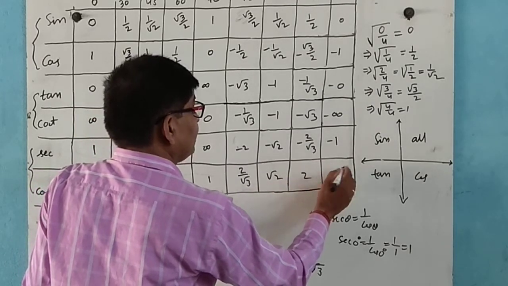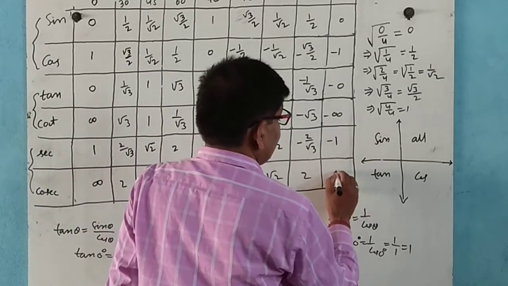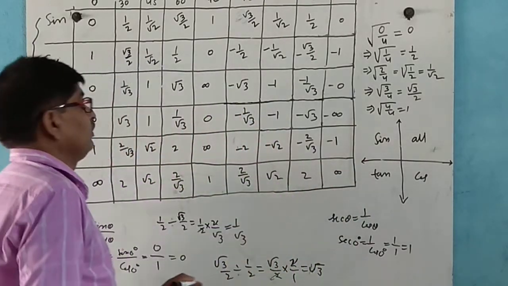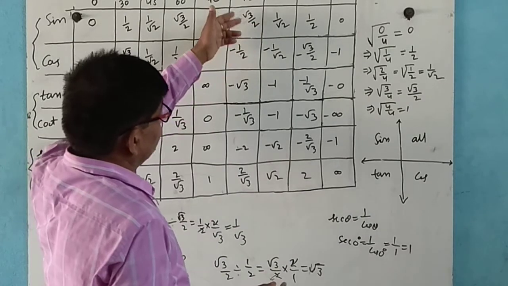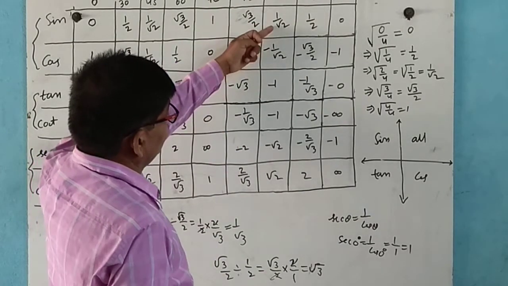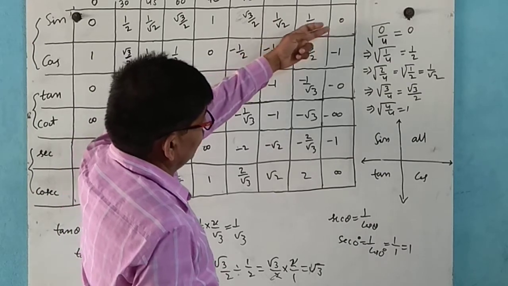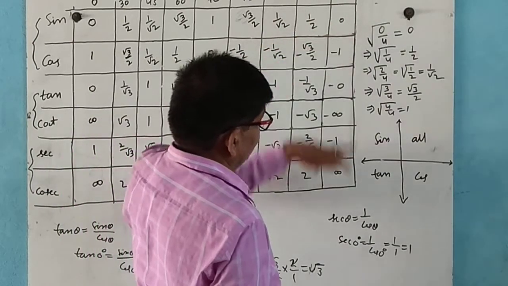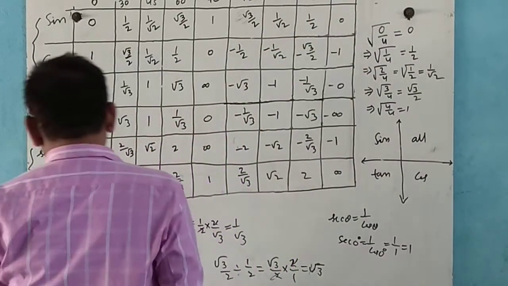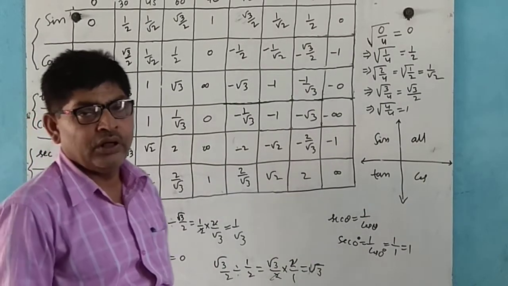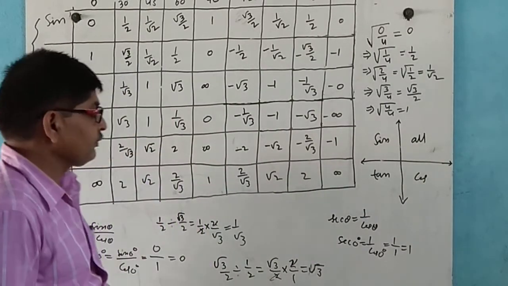Here, transposing, we change this to 2 by root 3, root 2 by 1, root 2 by 1 and 2. But 1 by 0 is infinity. With the help of this, we make these tables.